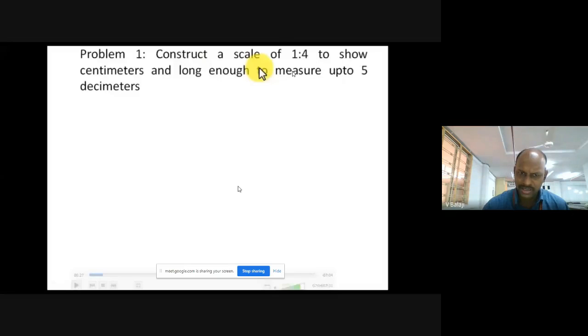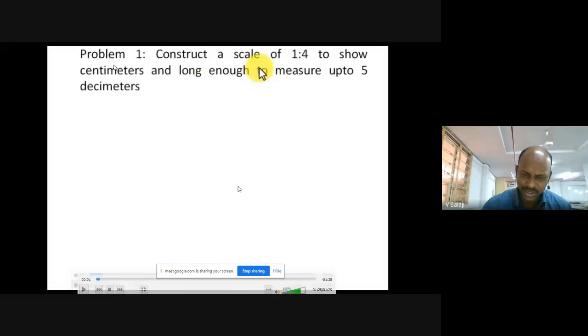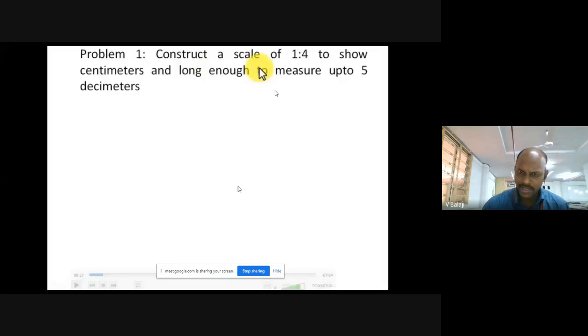We are constructing a scale that must be capable of measuring 5 decimeters, and with the same scale you can also measure the next unit. The main unit is the decimeter and the next consecutive unit is centimeters. So with the help of this scale you can measure any value within the range of 5 decimeters. Is it clear?